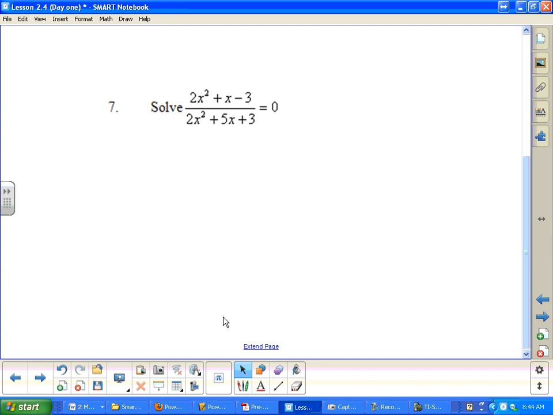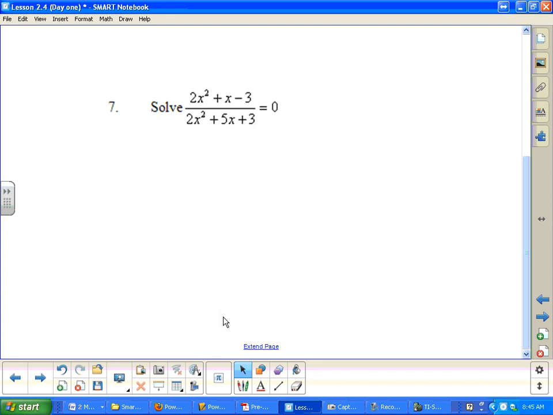So what do I need to do if I have a rational equation and it's equal to 0? What do I need to be concerned with? Okay, like terms, or how about a different word than terms? Factors. Okay. So if I have a common factor, that means I have a hole, right?